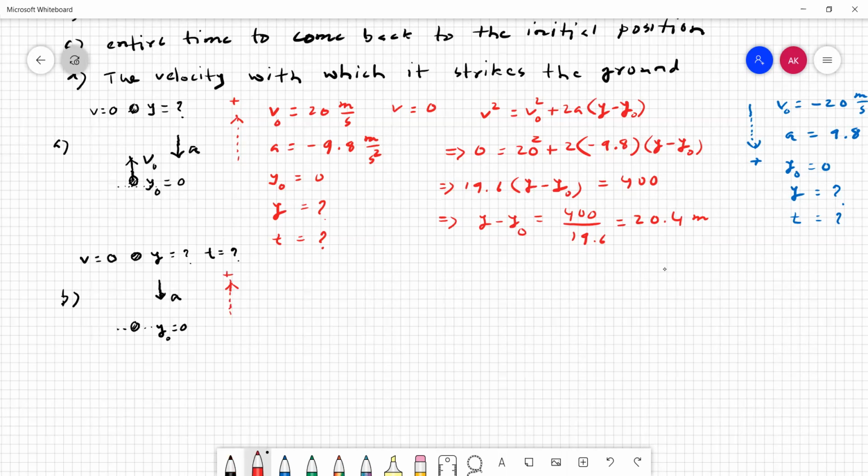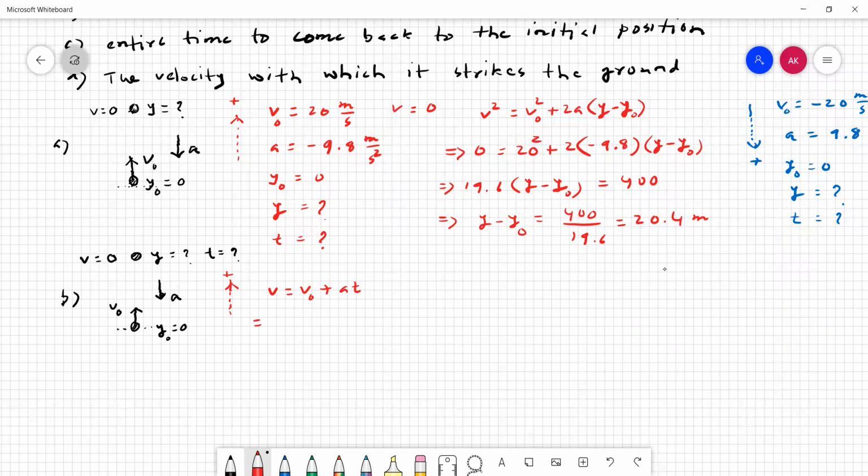So we know V, the final velocity, and we know the initial velocity is in the upward direction. Acceleration is known, but we don't know T. One of the kinematics equations that we can use is V is equal to V naught plus AT.